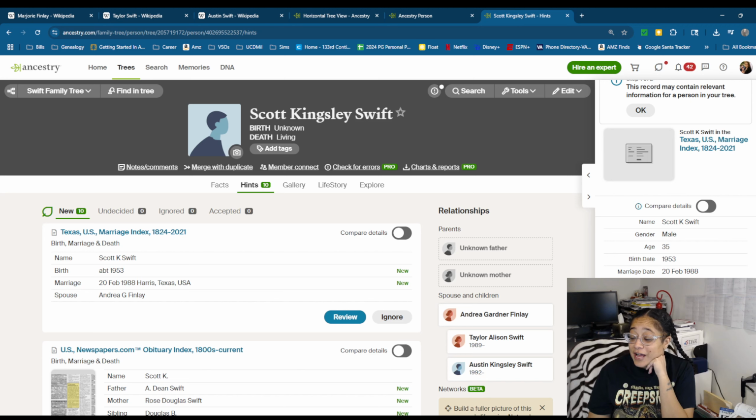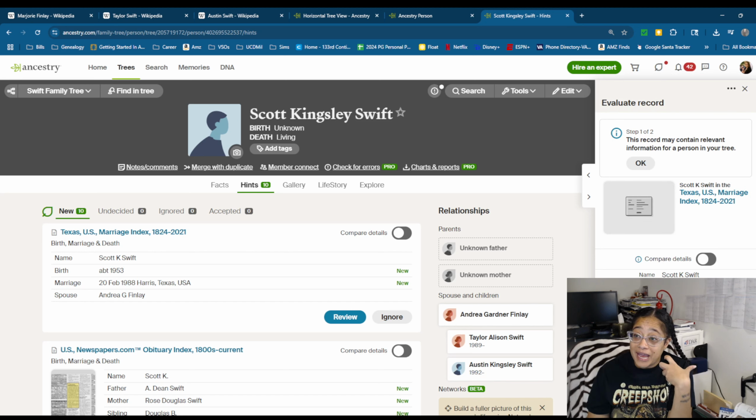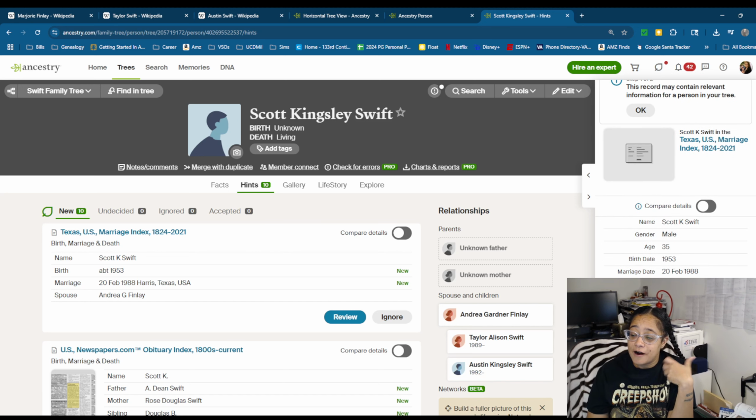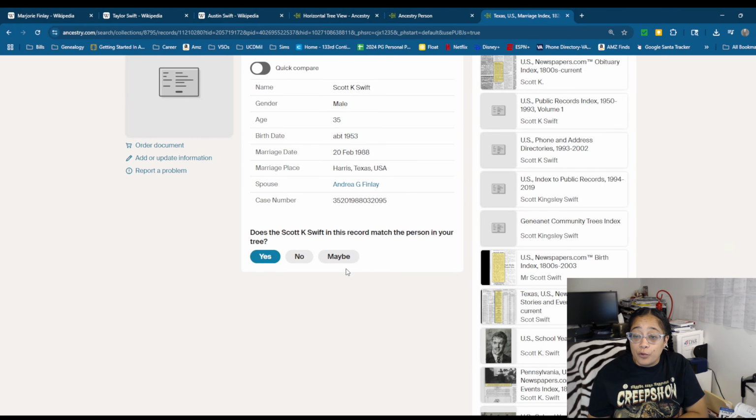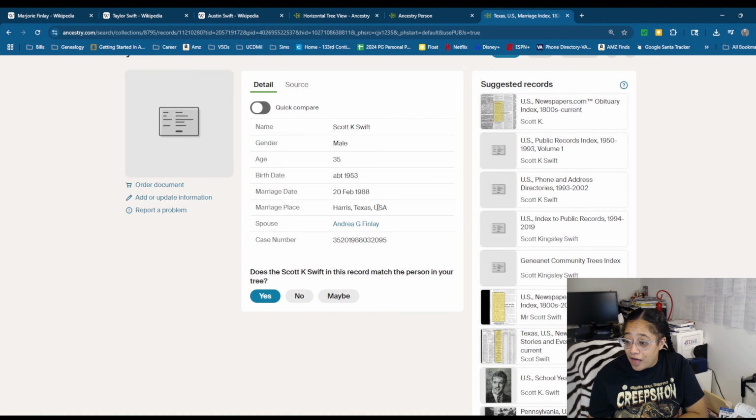Okay, so we're going to go ahead and we click review. Now you see you have this quick page that you can add stuff from. I'm not a fan of the quick page. I always scroll down and I go to this view record page section and then I go ahead and click that. So we are going to go ahead and add that.